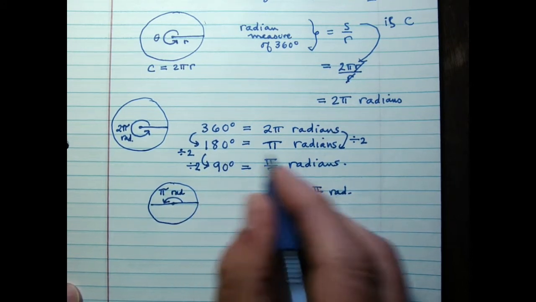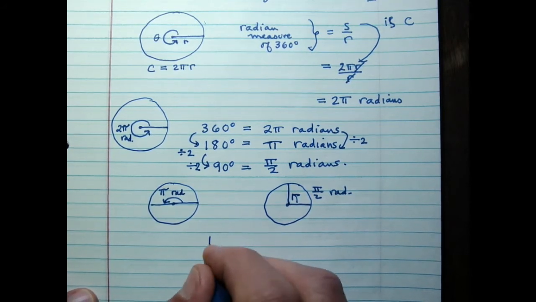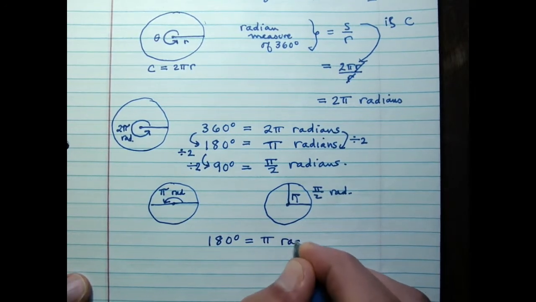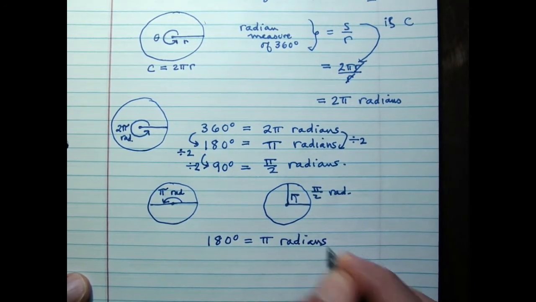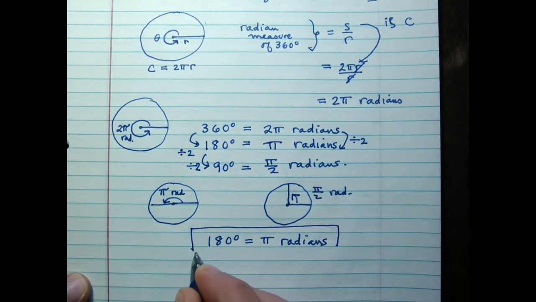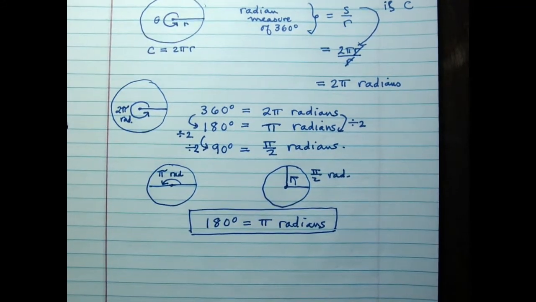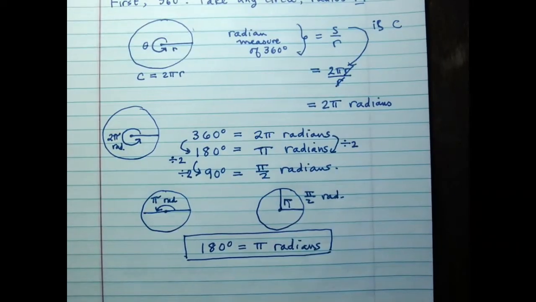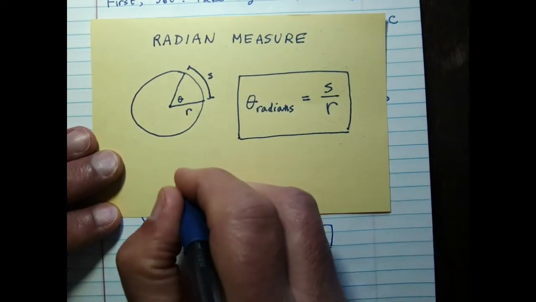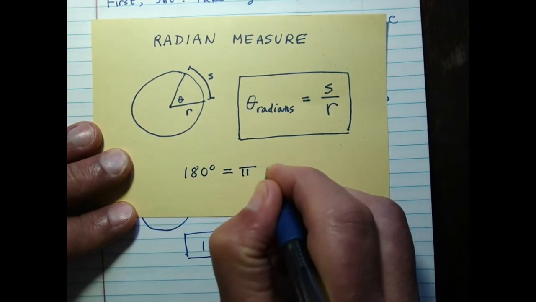The most important relationship here is 180 degrees is equal to pi radians. You can focus on any one of those three lines, 360, 180, or 90, but I think the simplest relationship is the 180 relationship. And I'm actually going to add that to my card about radian measure. 180 degrees equals pi radians.